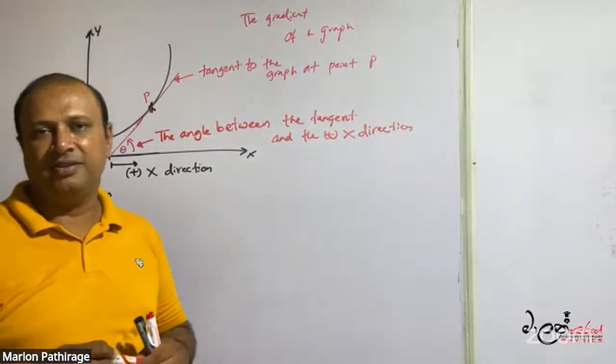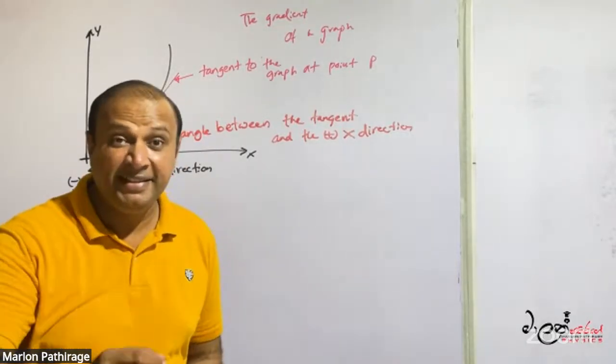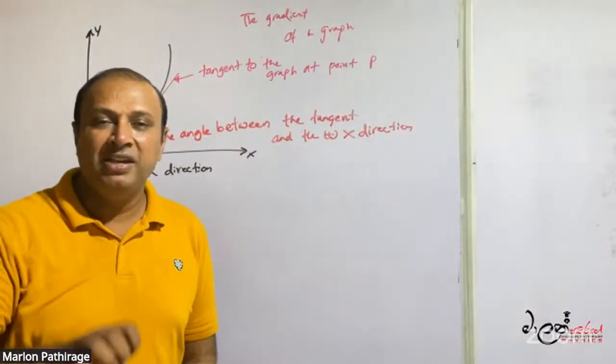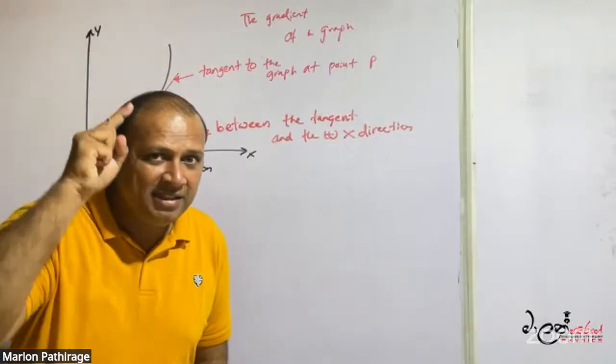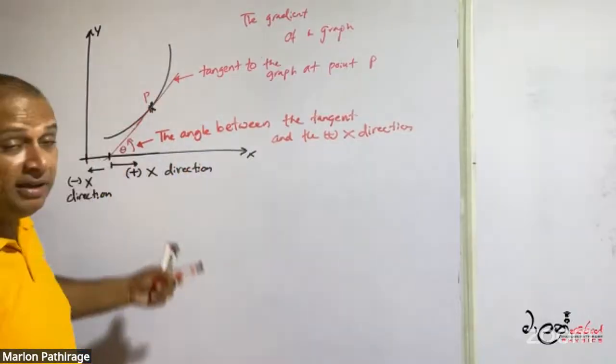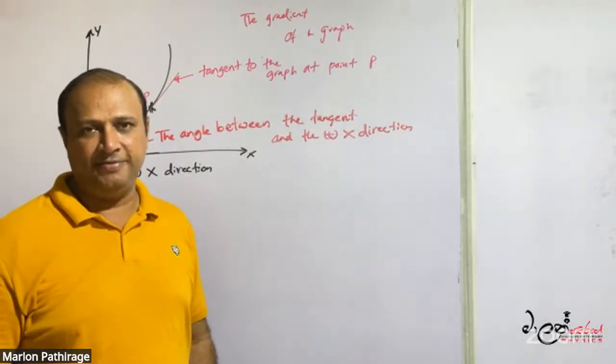The tan value of that angle is called the gradient at that particular point.